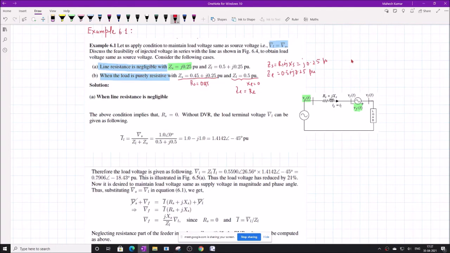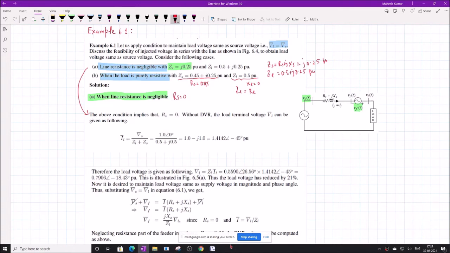Let us take the first case where the line resistance is negligible, that is Rs is equal to 0. For this case, if we don't use the DVR compensator, then the value of IL is Bs by ZL plus Zs.